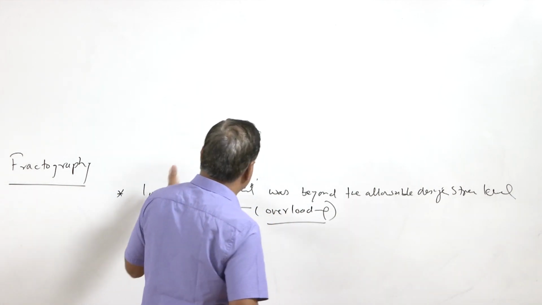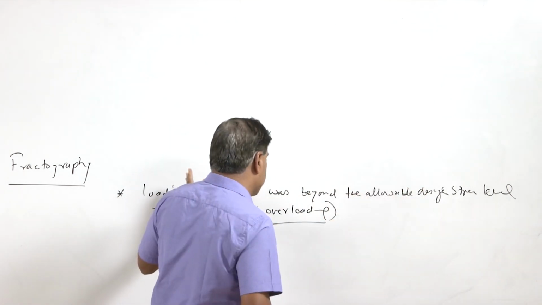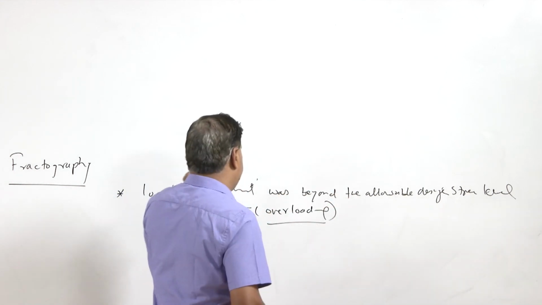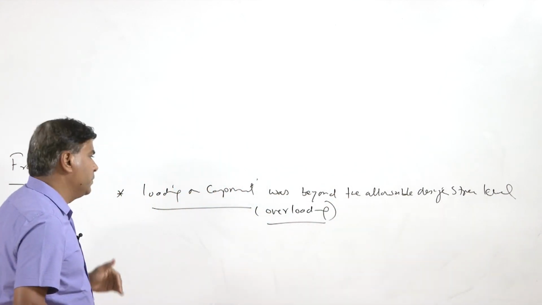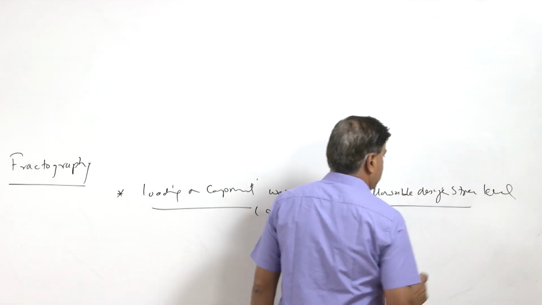During service, if the component was overloaded, it will show a different kind of feature as compared to the case when the fracture has occurred within the allowable or design stress level.